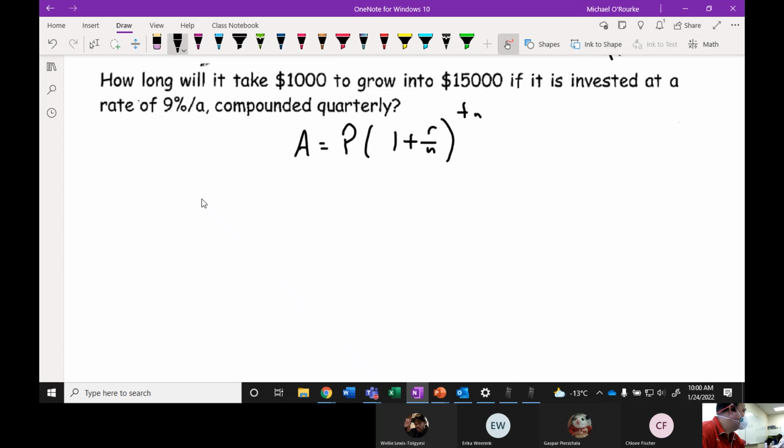Same question as before. Log-tastic question. Just because you asked for it, Scott, I'll put it on. Just finding time again, compounded quarterly. So 8 was 4.